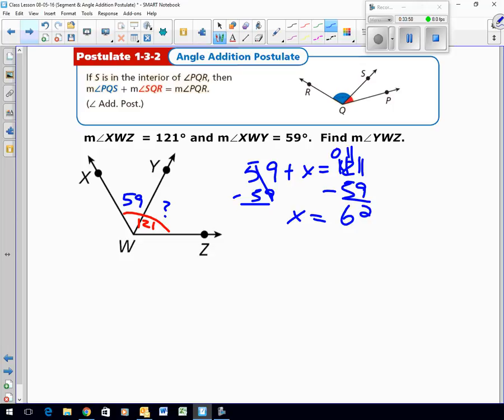Right on. 62. Scarborough, does this answer the question that was asked? Sure does. Any questions on that? Cool.